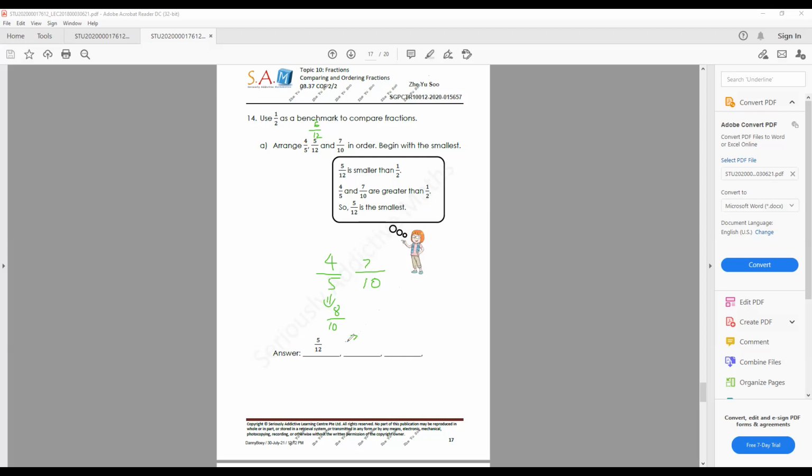So this should be the answer. What about the X-Men method? Four times 10, 40. 5 times 7, 35. There you go, 7 out of 10 is smaller.